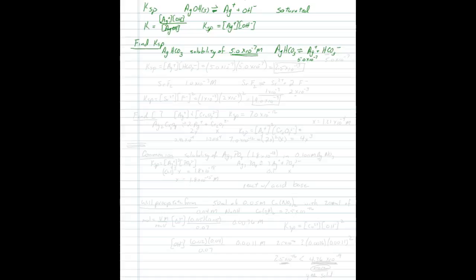How many hydrogen carbonate ions do you have? Same thing, 5 times 10 to the negative 7. If it was a 2-to-1, this would be 1 times 10 to the negative 6, twice as big. 3-to-1, 1.5 times 10 to the negative 6, and on and on.